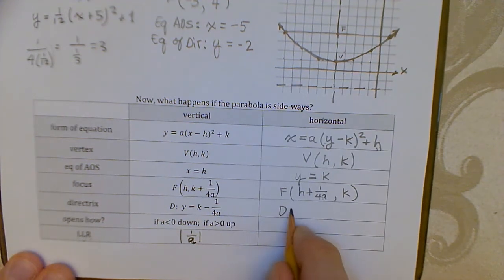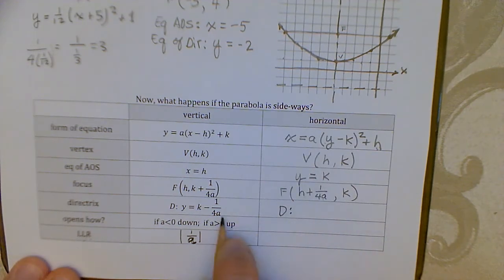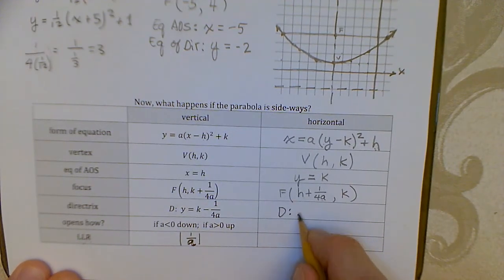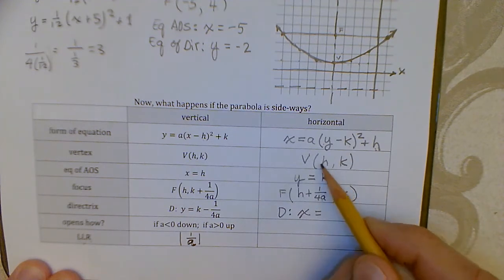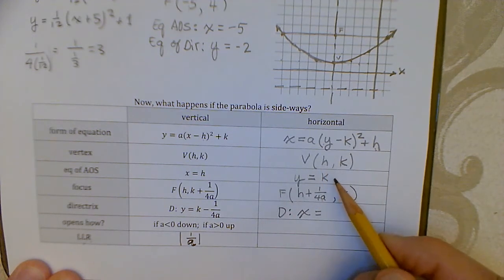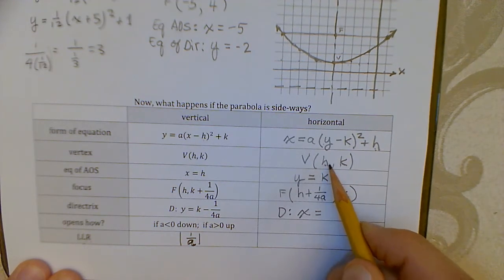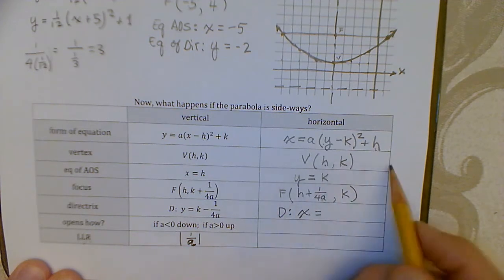All right, and so the next one is the directrix. In the vertical case, the directrix was horizontal. Now the directrix is going to be vertical, so it will be in the form of x equals, and it will be the same as the h, where the x value is, but then you're going to add or subtract from it.